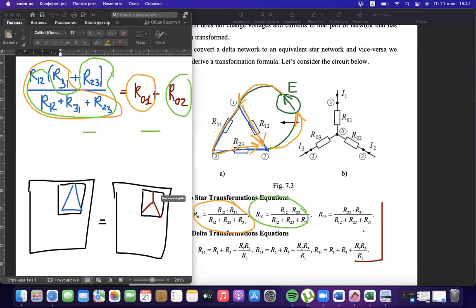Is everything okay with this drawing? Okay, and you are doing exactly the same for the star. You are disconnecting it from the circle, without any additional elements, without any additional currents, with the idea that the total resistivity should be the same.